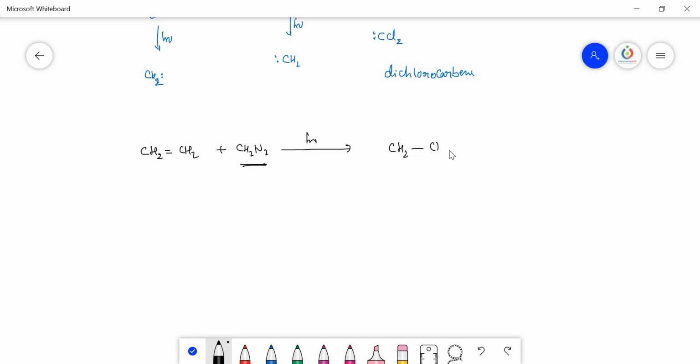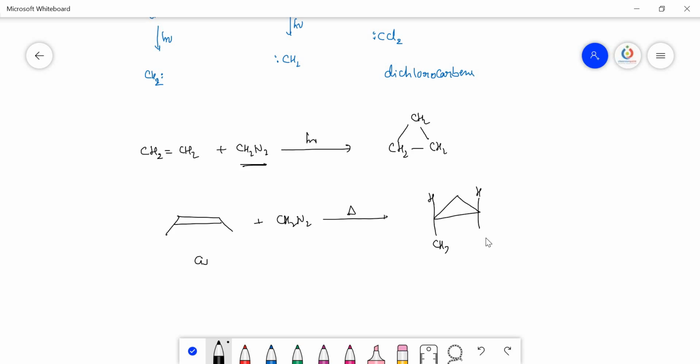Then this CH2 will go and add here, just like oxygen in the epoxidation. Now you take this cis molecule and CH2N2 and heat it, or sunlight you can take. So here you will get the cyclopropane molecule.